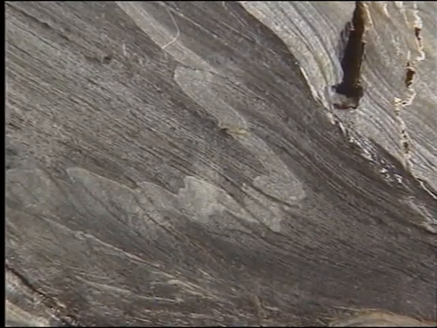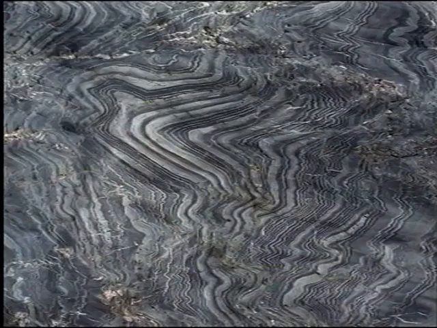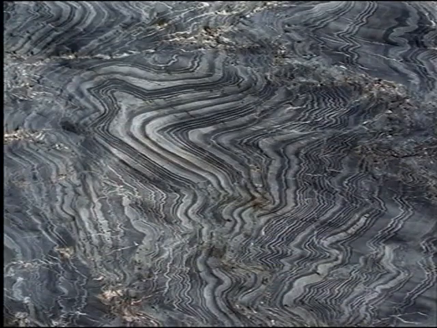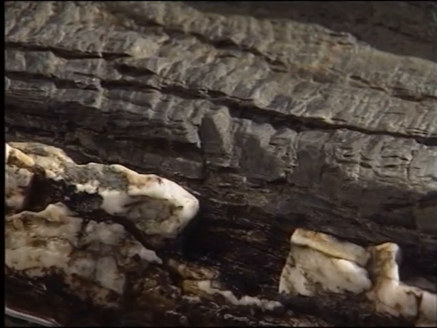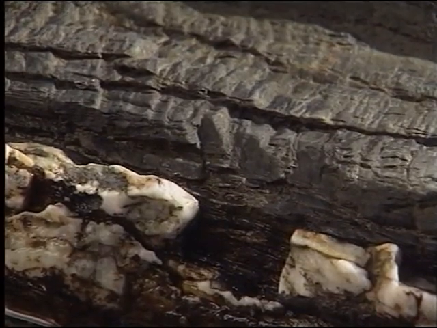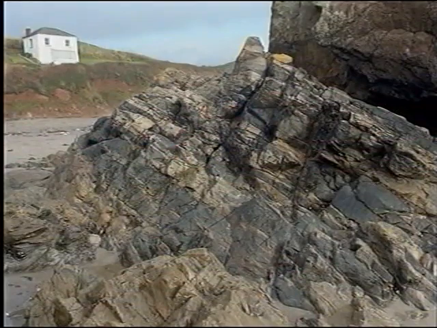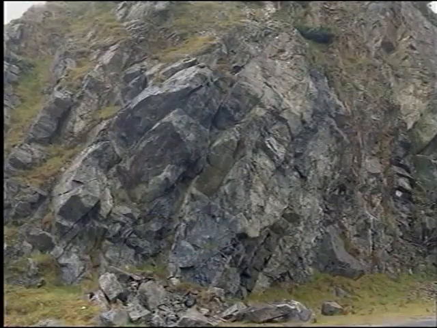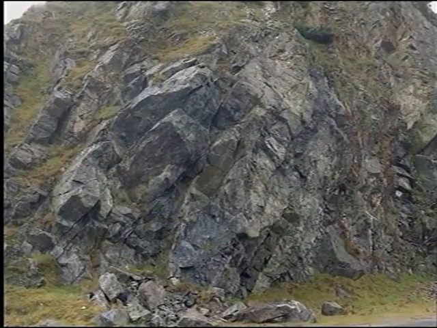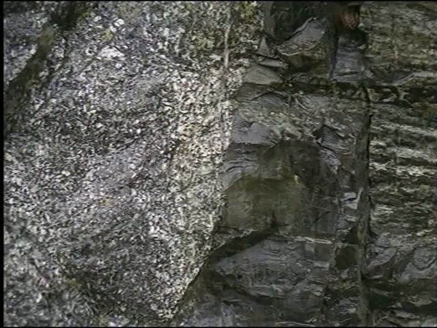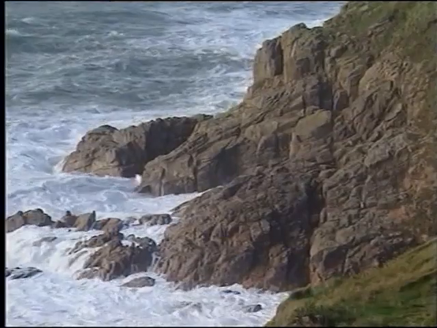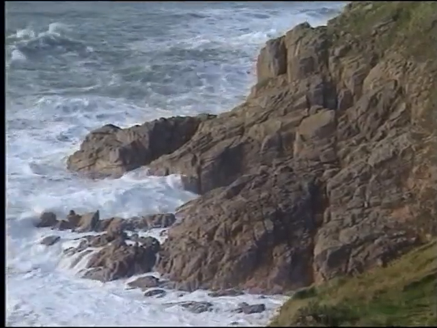Around at Porthleven, further south than that, we've got extremely complicated tight folds with folded cleavages. And then above that again, there are the nappes which contain metamorphic rocks and the ocean crust rocks at the Lizard. And after, later, but part of it, the great granite batholith of Cornwall.